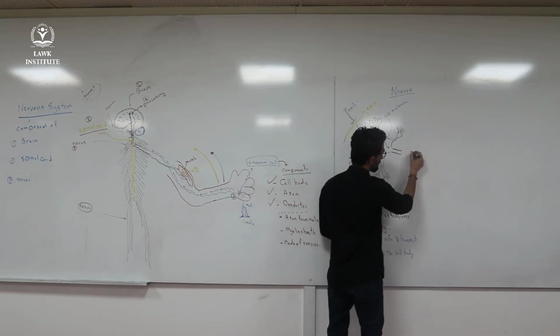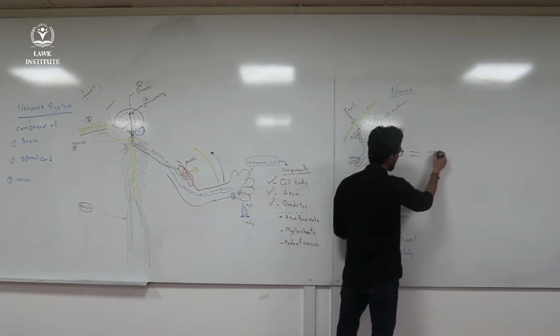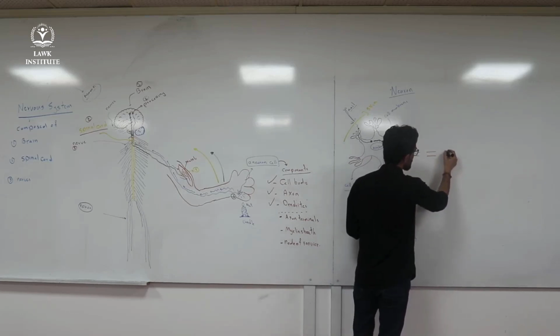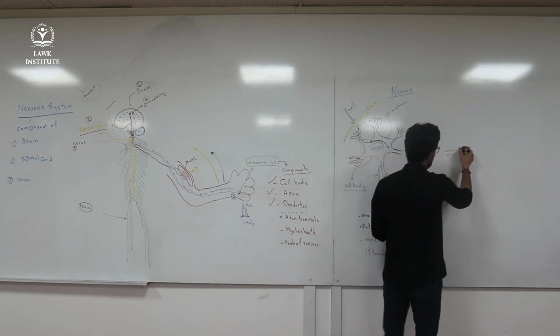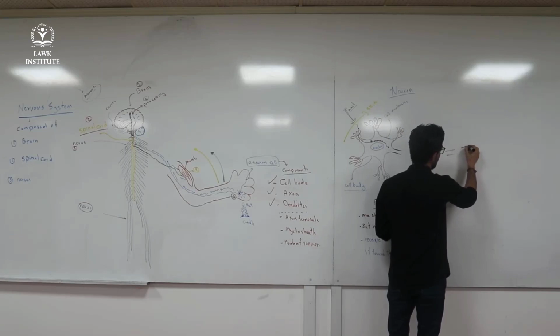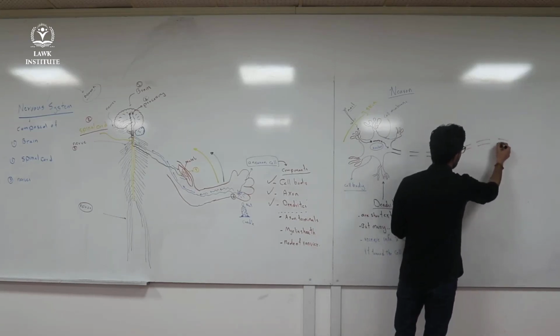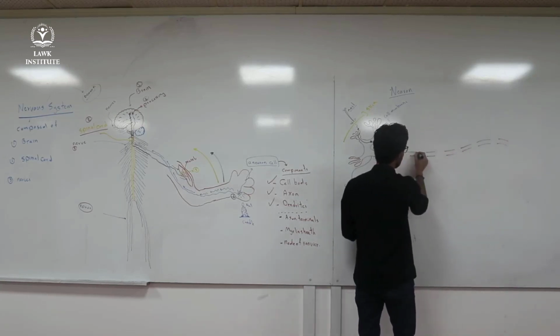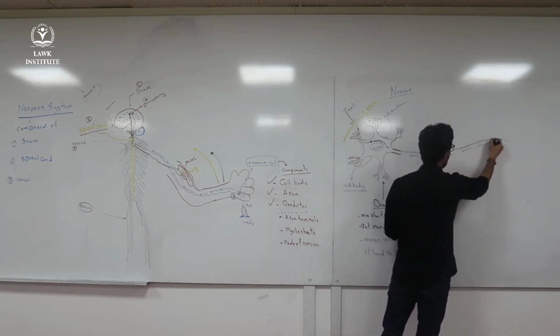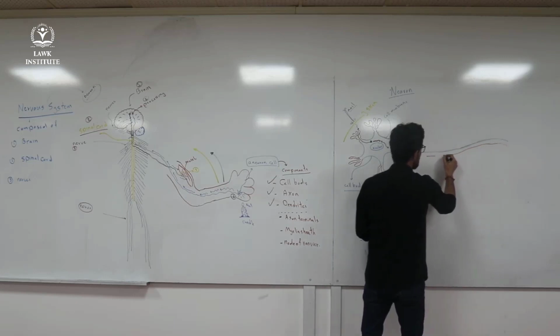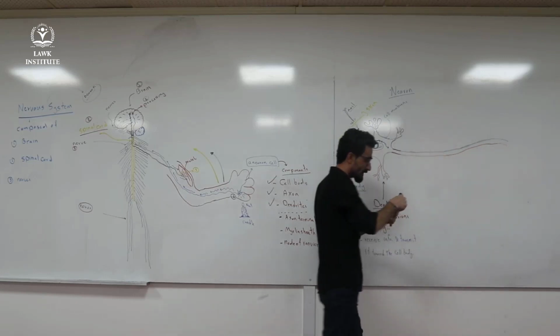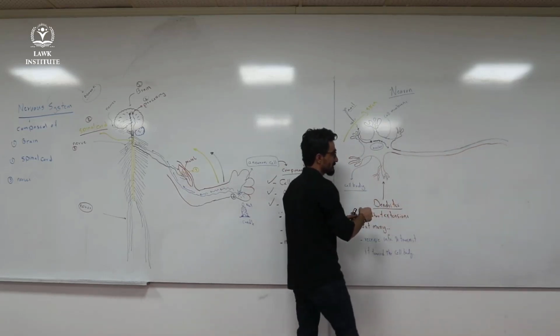This black line is called the axon. And this is how we explain axons of a neuron.